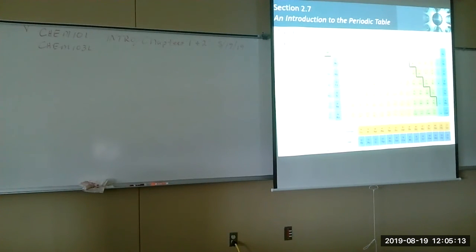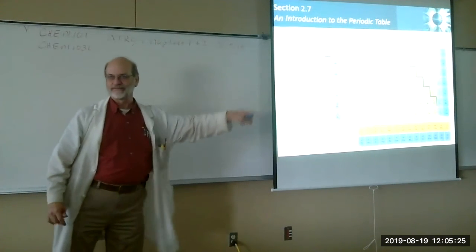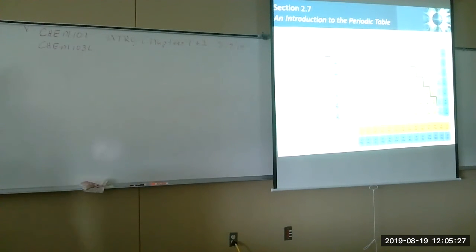Notice this goes from 57 to 72. These guys fit right into that crack. We pull them out here so that we don't have to expand the chart over there. Makes it more compact. And same for the actinides. Lanthanides go right after lanthanum, actinides go right after actinium.